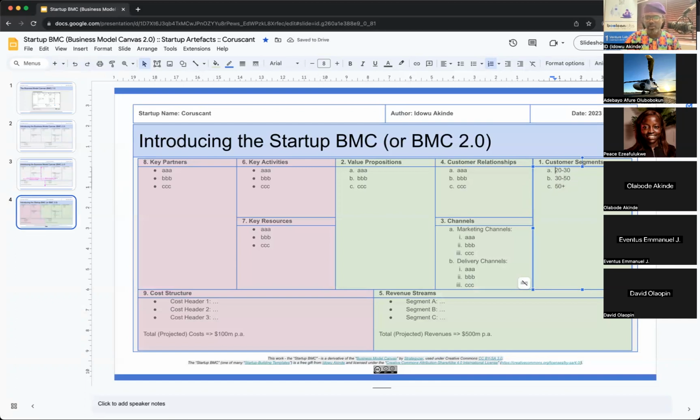I could add one more bracket and say anything below 20, okay? There could be a few people in boarding houses in secondary school or in university below that age, but they're also obviously there. So we have a few customer segments, okay?